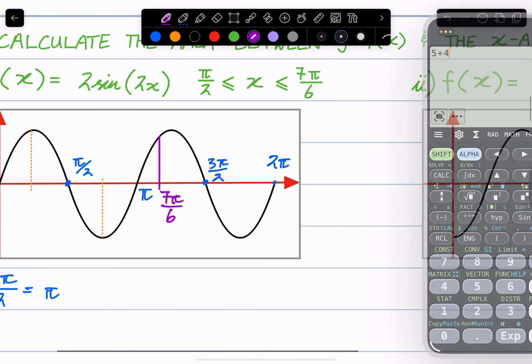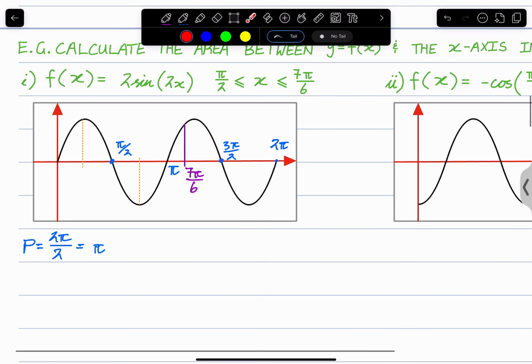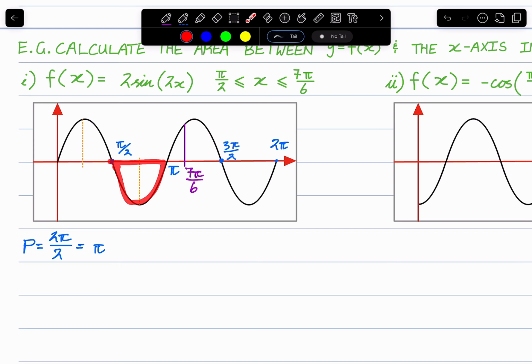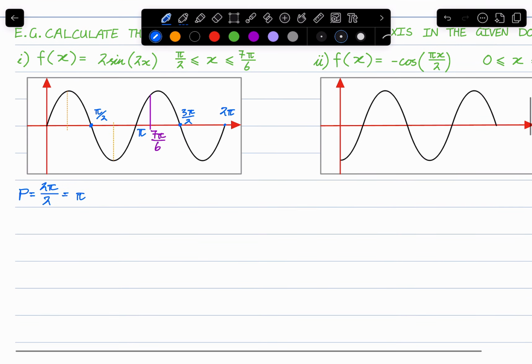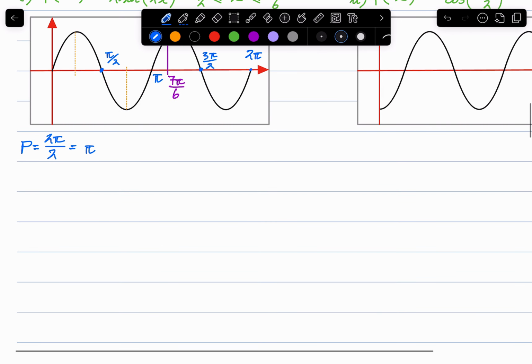Now the reason why this is important is, we know now that this definite integral is going to give a negative result, so we need to account for that. And then we need to add on the area from pi to 7 pi on 6. So now that we found all of these portions of the graph, we can do our integral.